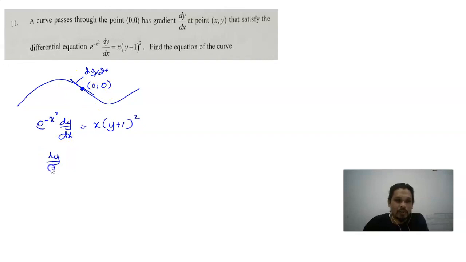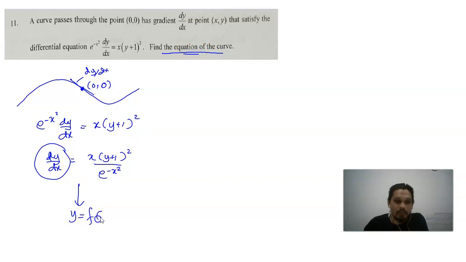So dy/dx equals x(y plus 1) squared divided by e to the power of negative x squared. Now find the equation of the curve, meaning that we are going to find out what is the equation of y equals f(x).